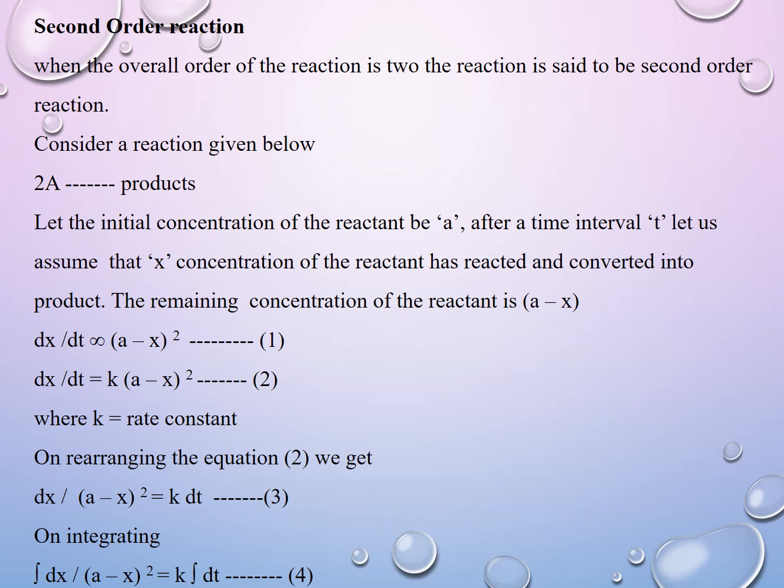Now, rearranging equation 2, that is bringing all the like terms together, we get dx by (a minus x) the whole squared is equal to k into dt. Now on integrating equation 3, we get the integration of dx by (a minus x) the whole squared is equal to k into the integration of dt.